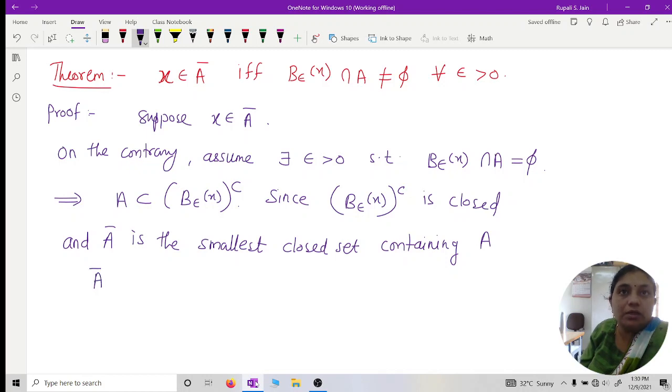A closure is contained in B epsilon of X complement, right? Because it is the smallest closed set.